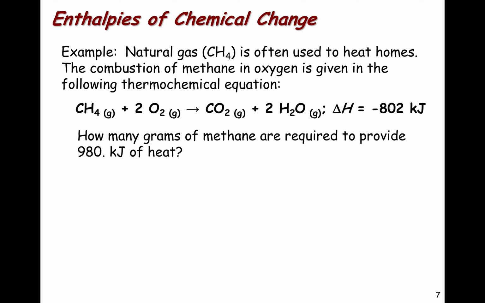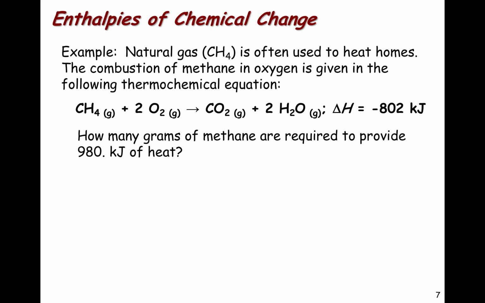As a further example, we can look at the complete combustion of methane gas, often used to heat homes. And so for the reaction that is given here, we have a heat of this particular reaction, which is going to produce 802 kilojoules.